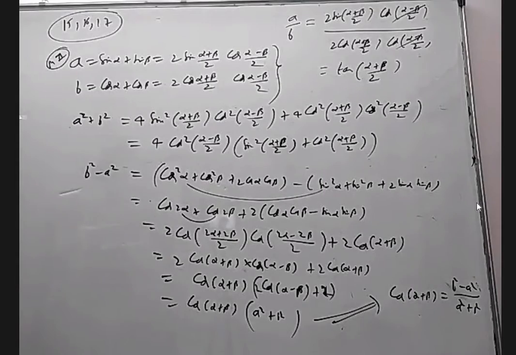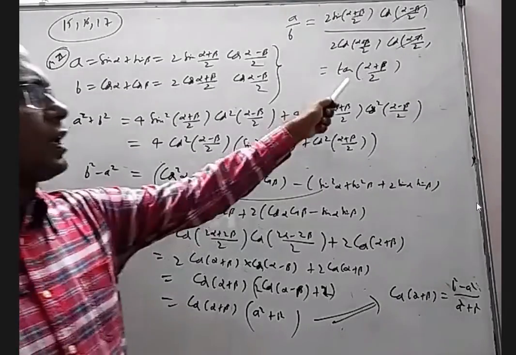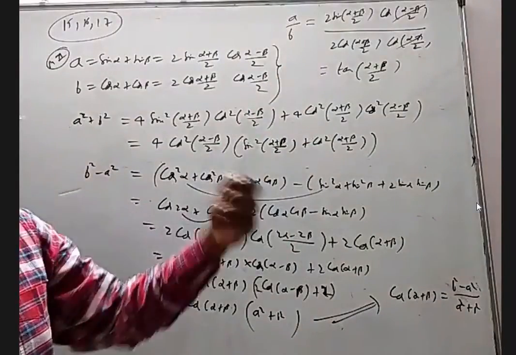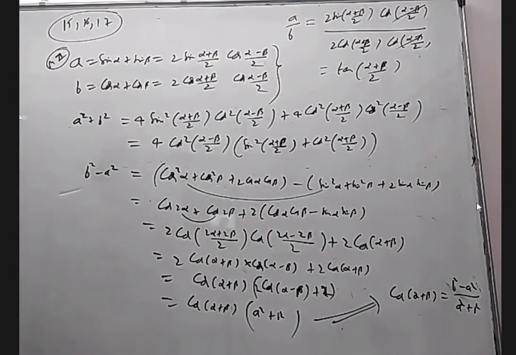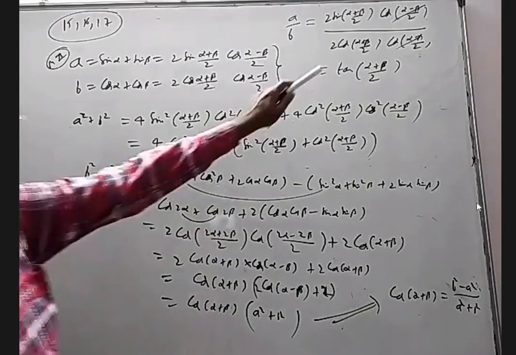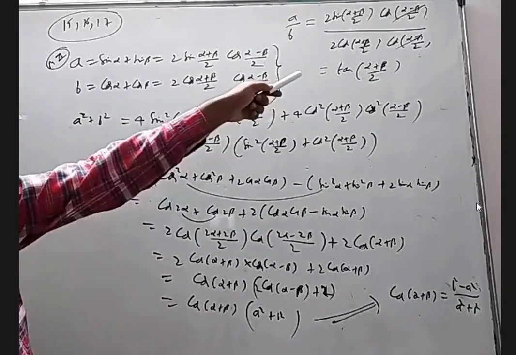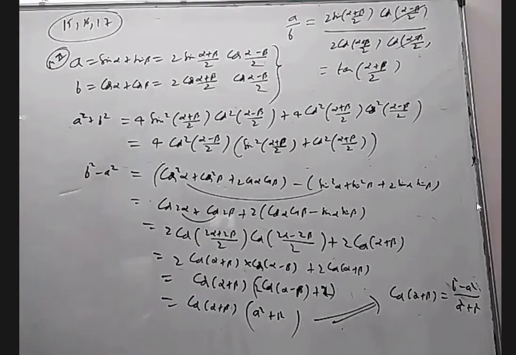Now we're going to do that after getting tan alpha plus beta by 2. How to find sin alpha plus beta? You will write sin 2 theta is 2 tan theta by 1 plus tan square theta. Yes, sir. Okay. I'm not yet finished. I just found tan alpha plus beta by 2, and they did not ask for that in 15 or 16 or 17. We're going to use it further.